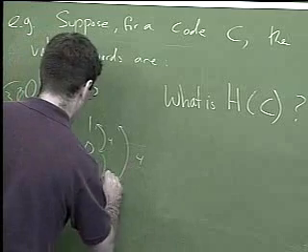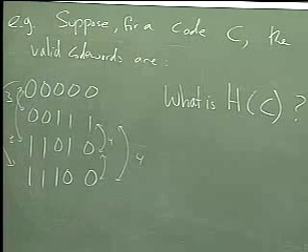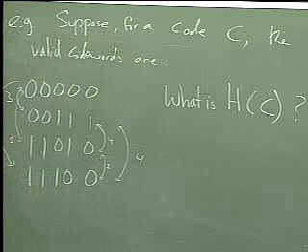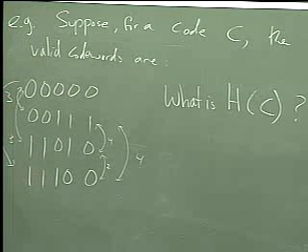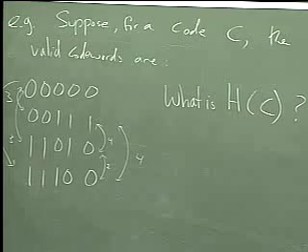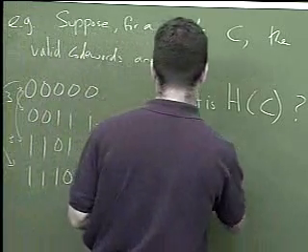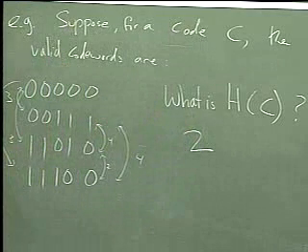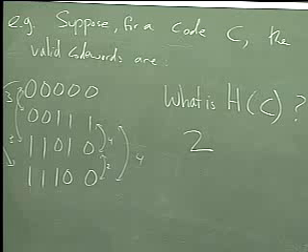And this pair? 2. So what's the Hamming distance of the code? 2. It's the minimum of the Hamming distance between all pairs of valid code words, right? Excluding a valid code word with itself. Okay? So you got the Hamming distance?